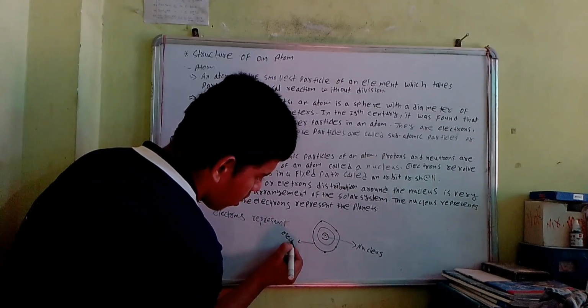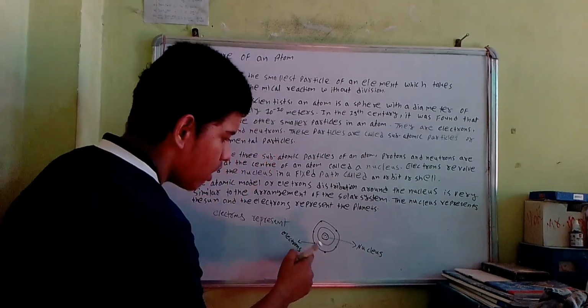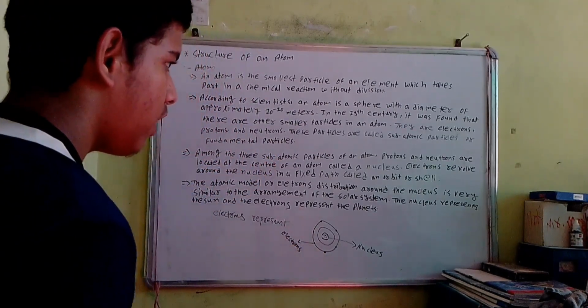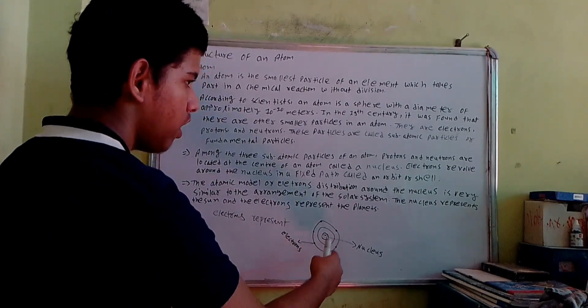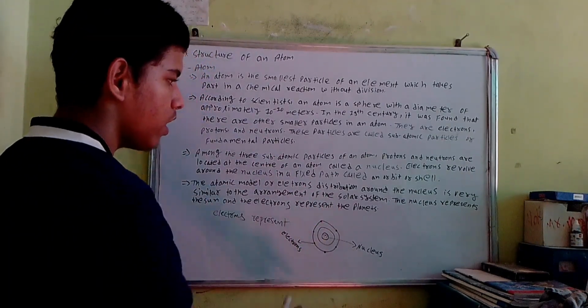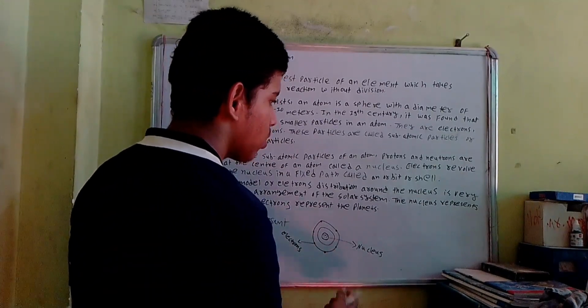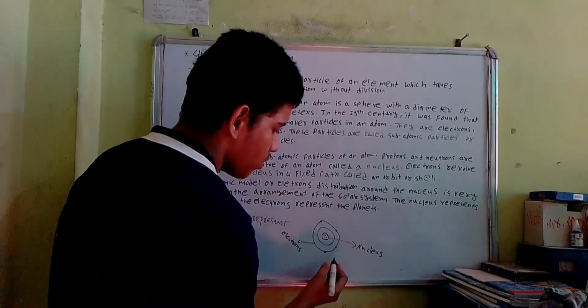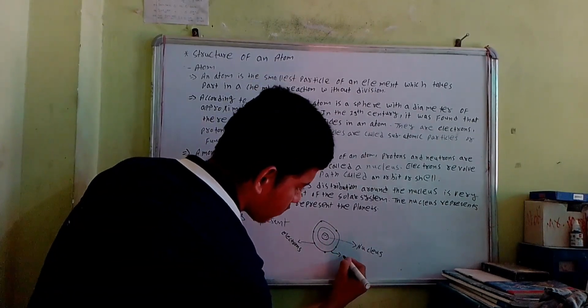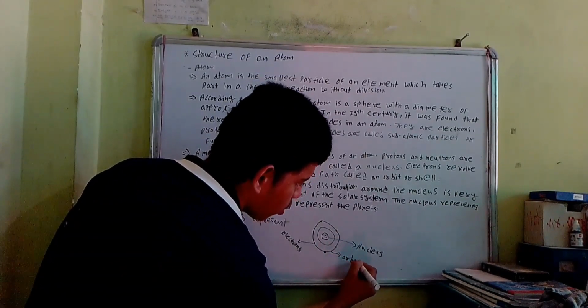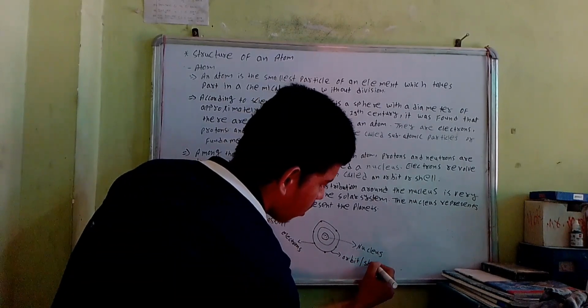So these are electrons. Electrons are located on this path. Electrons revolve around the nucleus in a fixed path called orbit or shell. So these paths are called orbit or shell. Okay?